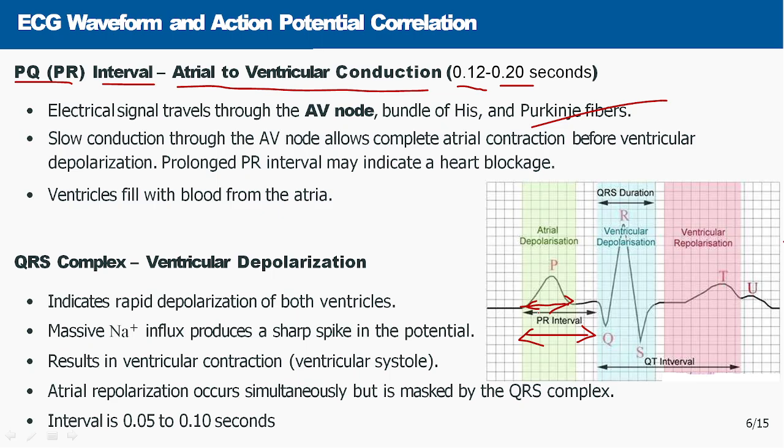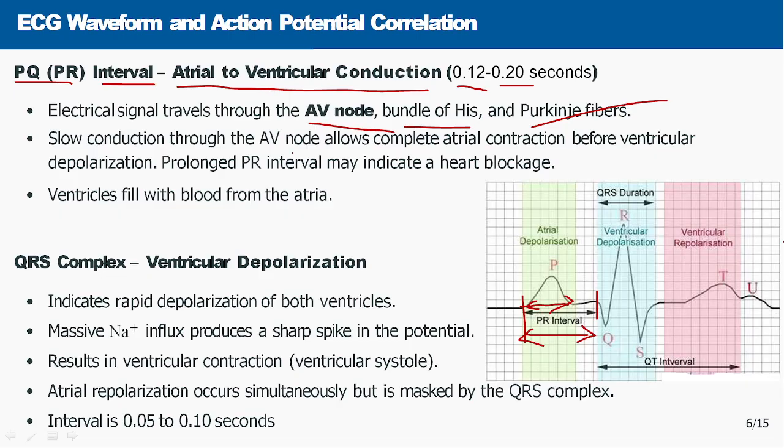From this particular point to this point it will take 0.12 to 0.2 second, and this is the start of ventricular contraction or depolarization. This electrical signal travels to the AV node, bundle of His and Purkinje fibers. The AV node will slow down or create a delay in passing this signal to the ventricle.